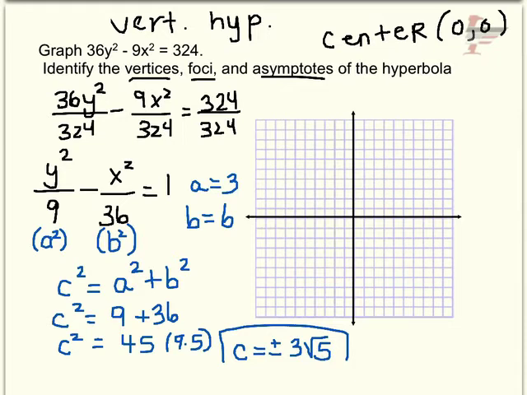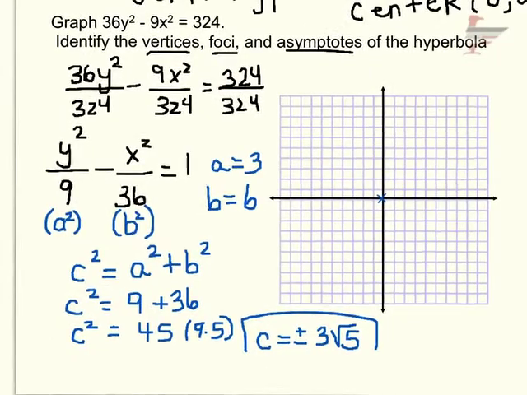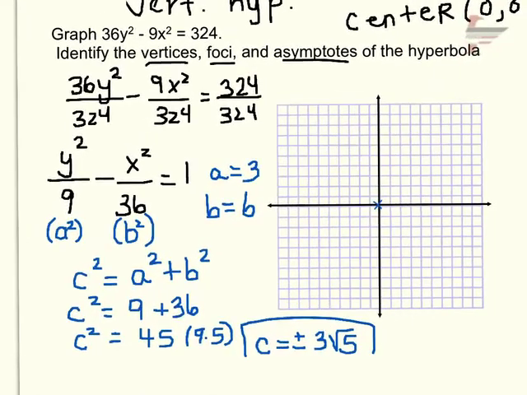Well, my vertices. Since I'm centered at the origin, I'm going to blow up my graph here for a second. Okay, I'm centered at the origin, and my vertices are going to be a units from my center. a is 3, and I know I'm going in the y direction.